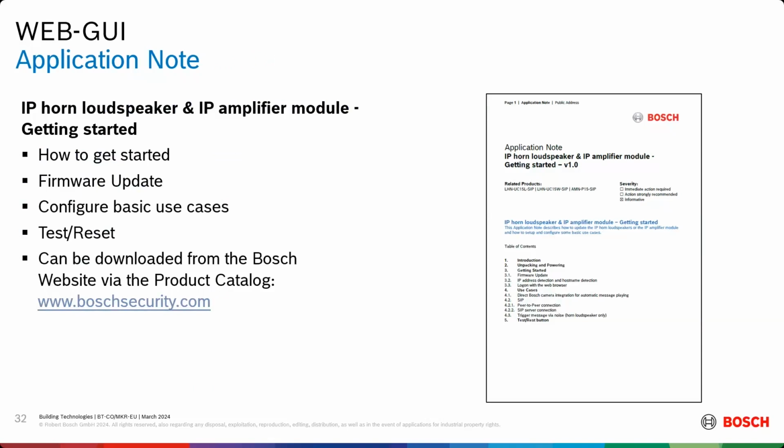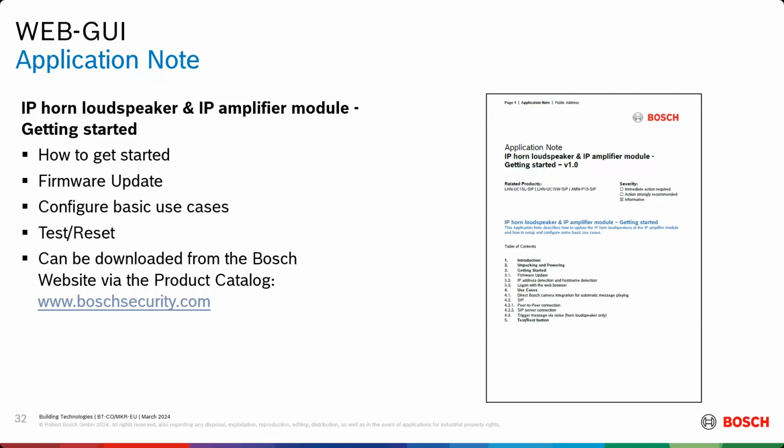There is an application note for getting started with the IP horn loudspeaker and IP horn amplifier module. It describes how to get the IP horn loudspeaker and the IP horn amplifier module up and running. On the example of the wide angle IP horn loudspeaker, it is described how to update the firmware and configure some basic use cases like direct Bosch camera integration using the alarm task scripting language, then two SIP examples, and how to trigger a message via noise.